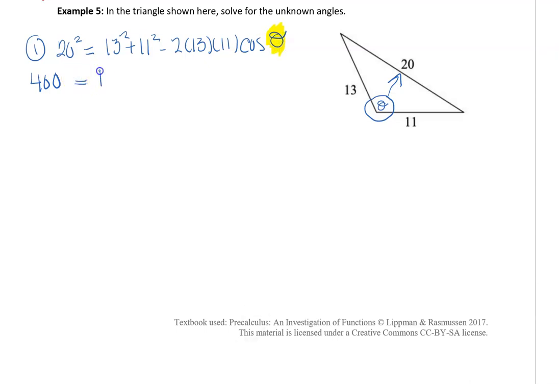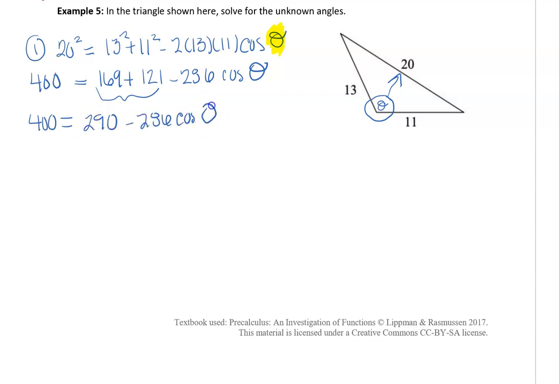Equal to 13 squared, which is 169, plus 11 squared, which is 121, minus, multiply these three numbers together, 286 cosine of theta. Now if I combine these two pieces together, that gives me 290 minus 286 cosine of theta. Try and get theta by itself, so I'm going to subtract 290 from both sides.